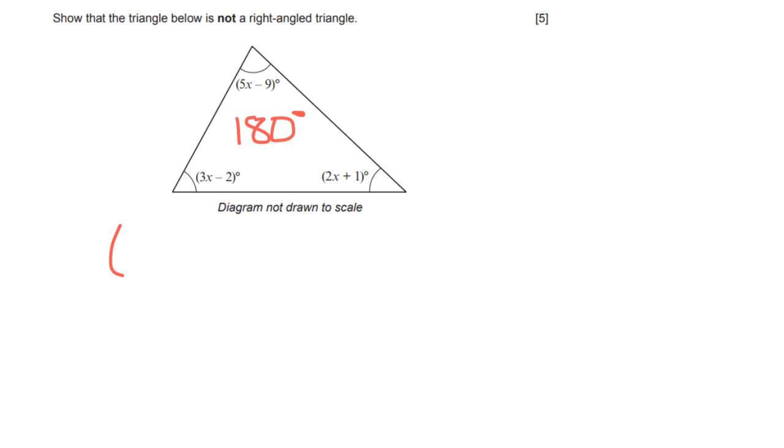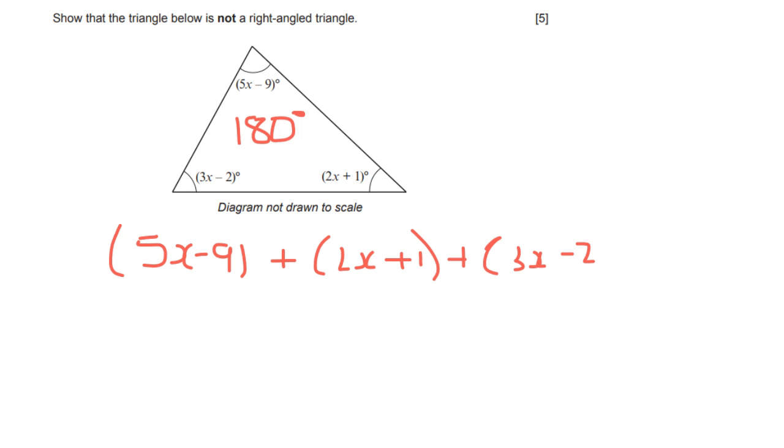So the three angles that I've got, I'll start at the top. I've got 5x - 9. And I'm adding 2x + 1, and then I'm adding 3x - 2. And all of that will equal 180.